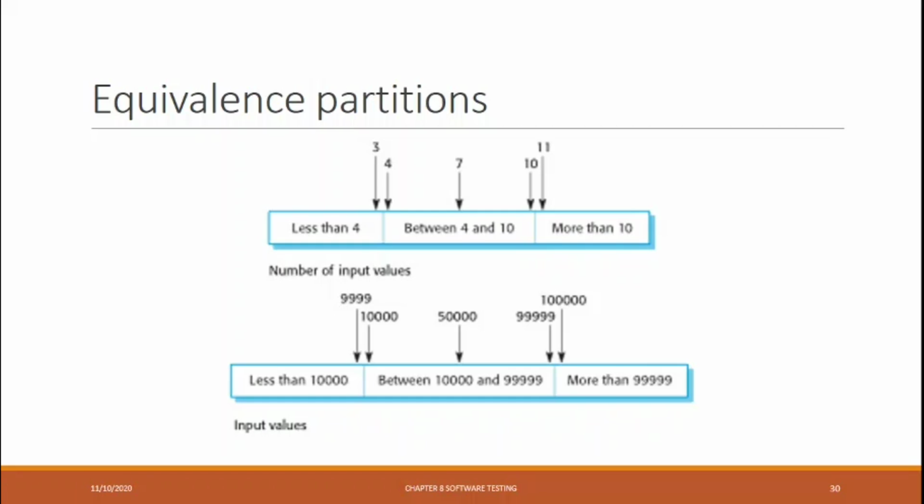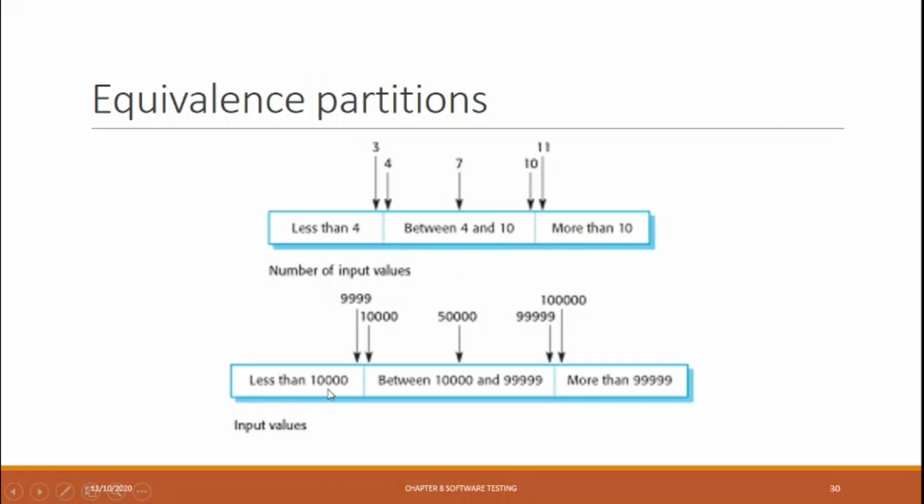Some other numbers will have 4 digits or 5 digits. When you take the other example, it will be between these partitions.